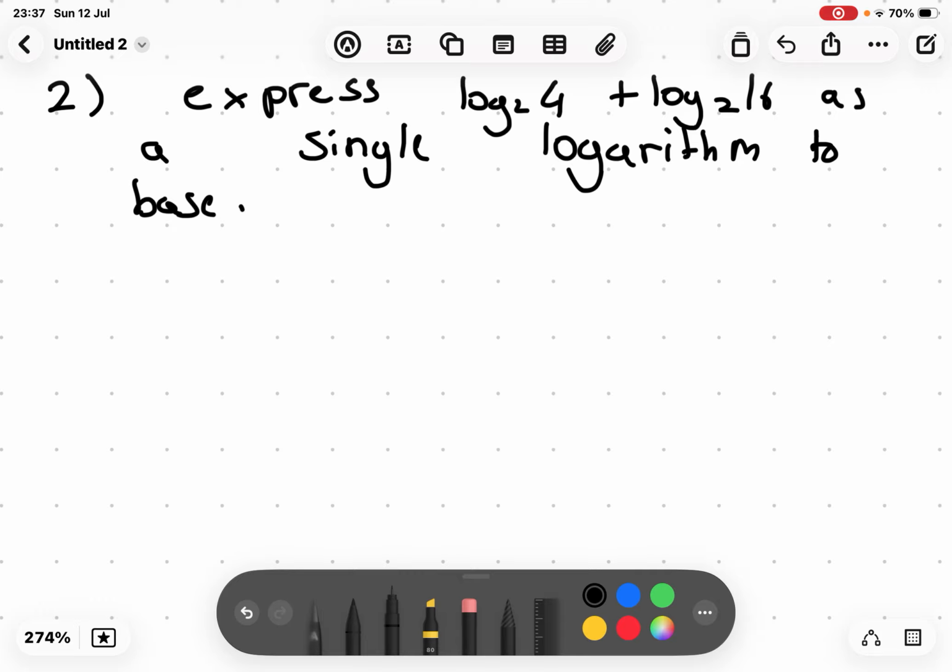Express log 2 4 plus blah blah blah as a single logarithm to base.